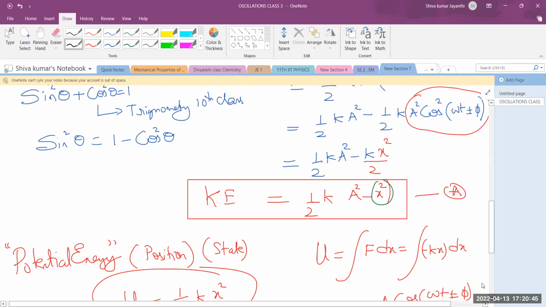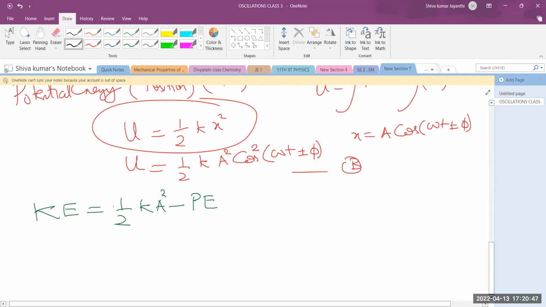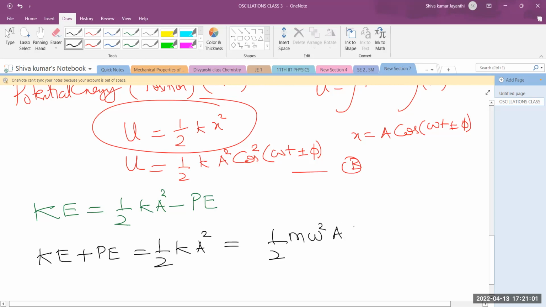Now let's go down. If you send this minus potential energy to this side, kinetic energy plus potential energy is equal to half k A square. But we know k is m omega square. This is called total energy. This is very important.